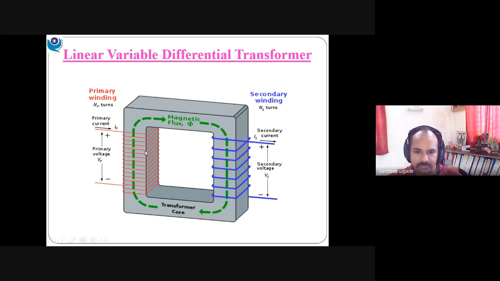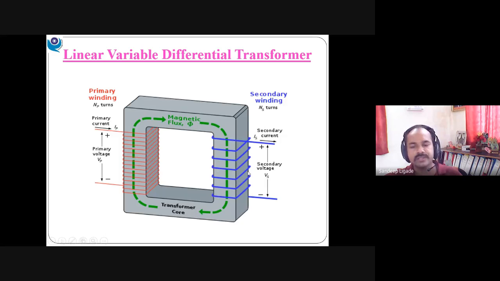Self-induced EMF. The same flux links to the secondary winding. So voltage develops across the secondary winding according to Faraday's law when the same flux links to the secondary winding, and this voltage is called mutual induced EMF.